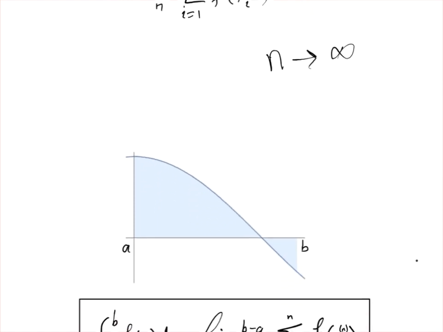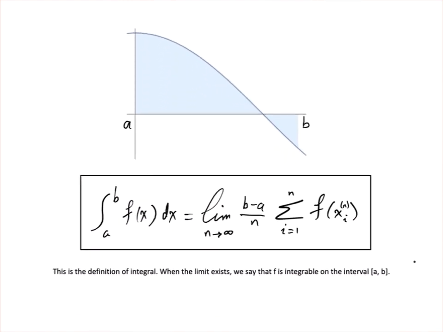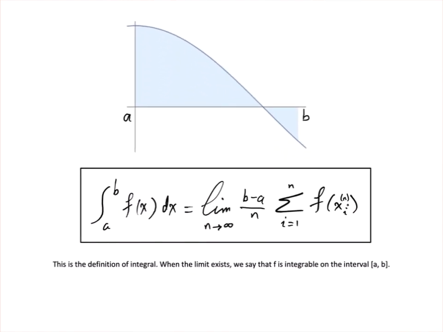Therefore, we can represent that exact area by using this expression, the limit of b minus a over n, which is the delta x, times a sigma of f of xi n's. And these are all the function values at many x values between a and b. We add all those times b minus a over n, and then we let n go to infinity. That limit is called the integral.